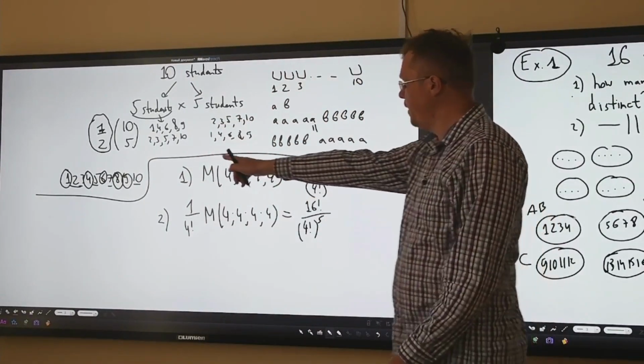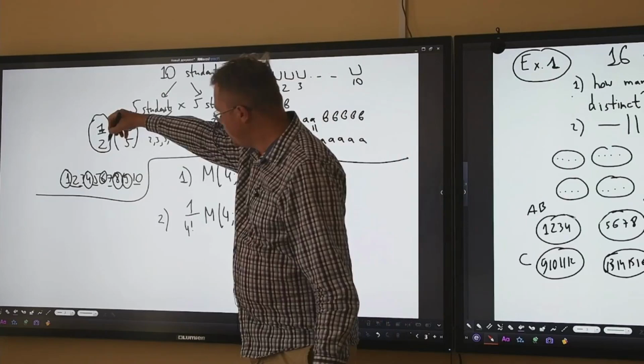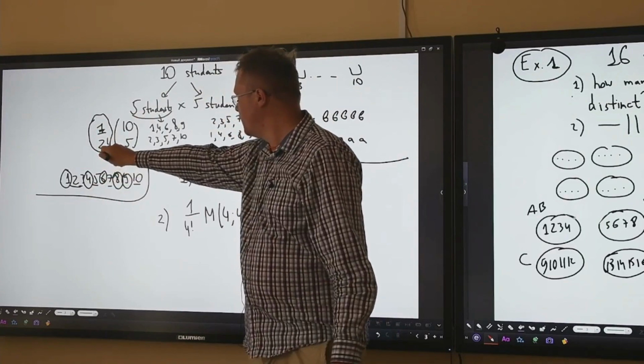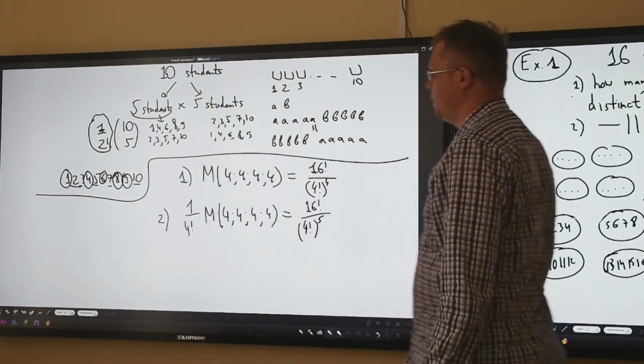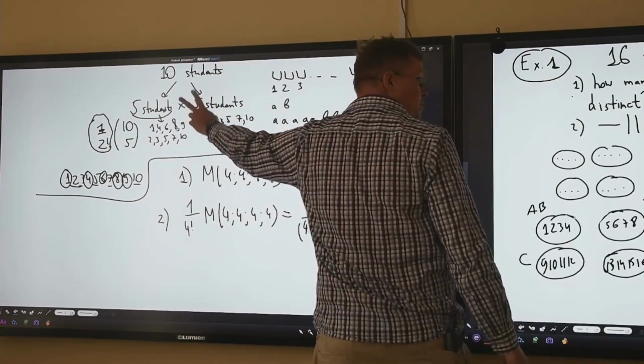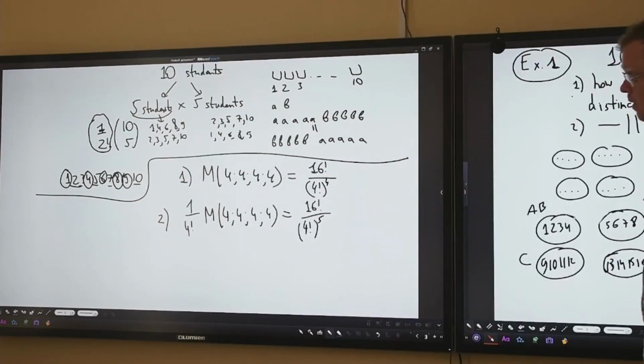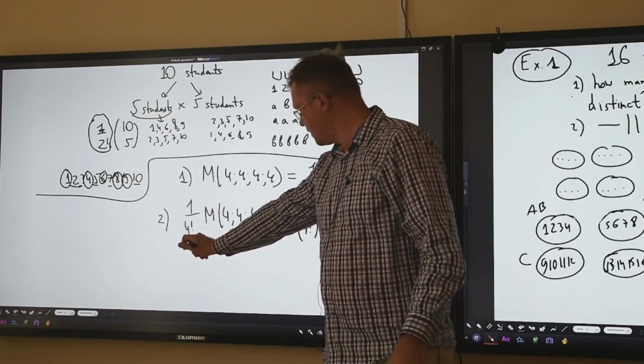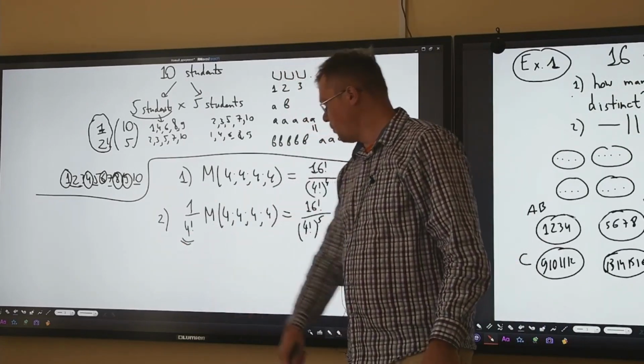Exactly the same way as I have here 1 over 2 factorial, because I cannot distinguish these 2 teams here and teams here. And here I have this additional coefficient.